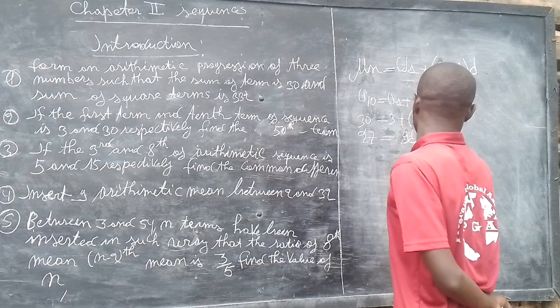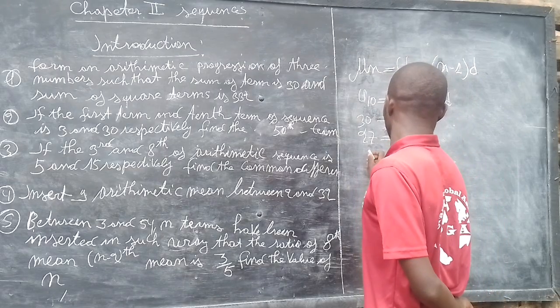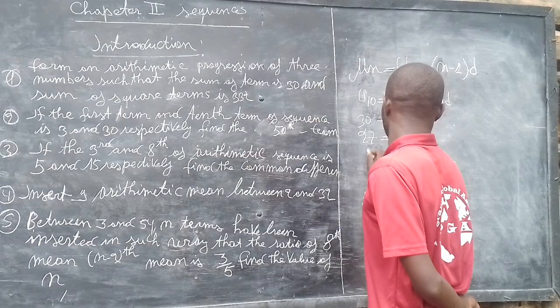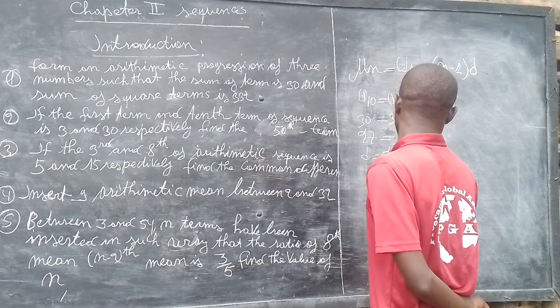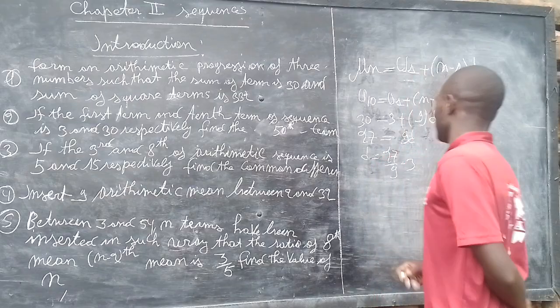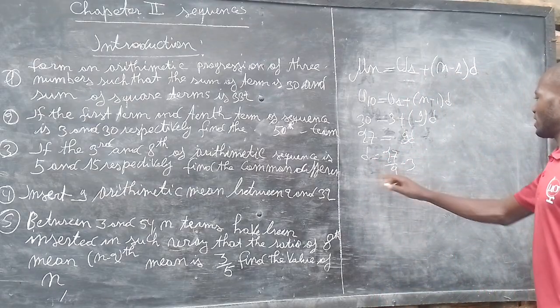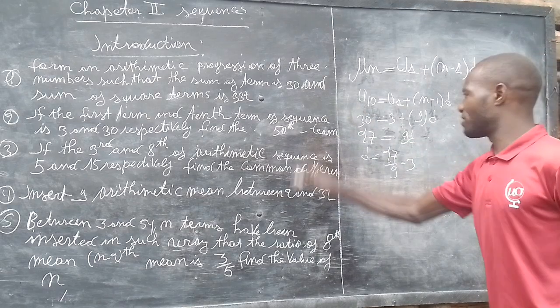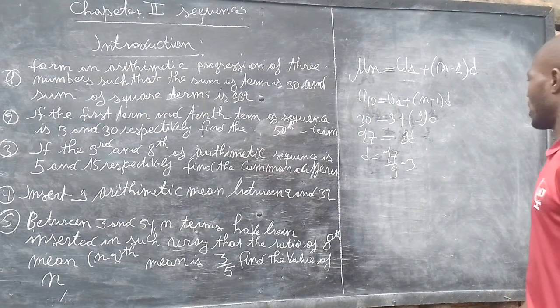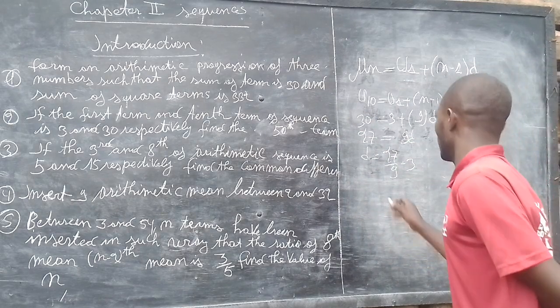9d. So our d will be equal to 27 over 9, which is equal to 3. This is the common difference. Now we are asked to determine u50.